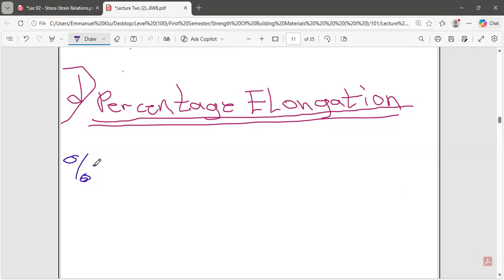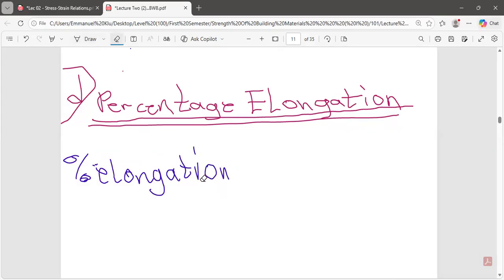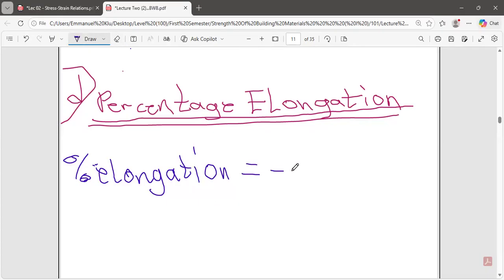That is, let's say, our percentage elongation is equal to the total extension over the gauge length times 100.